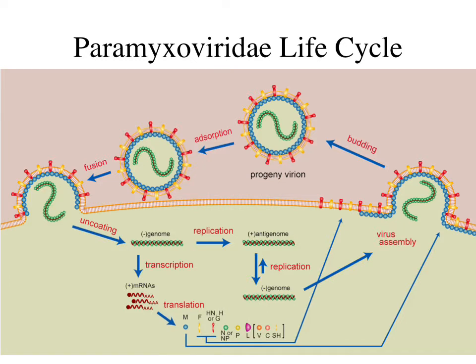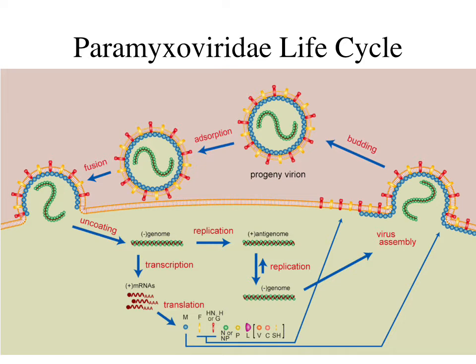And then this is the complete paramyxovirus life cycle. So you have binding with fusion, followed by uncoating. Remember, the first step is going to be transcription of messenger RNAs.